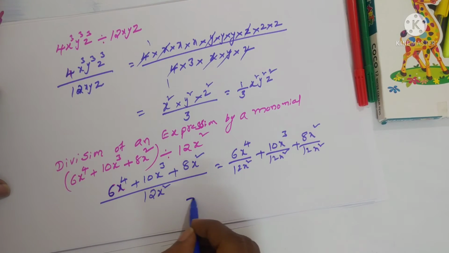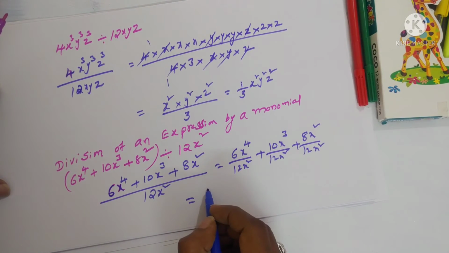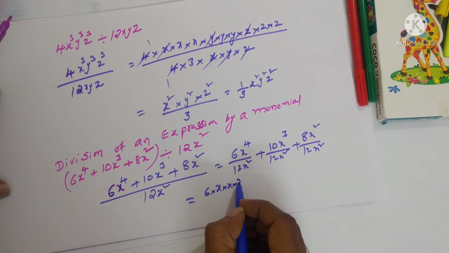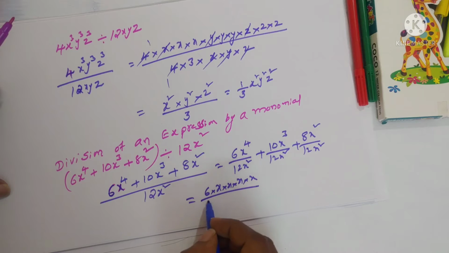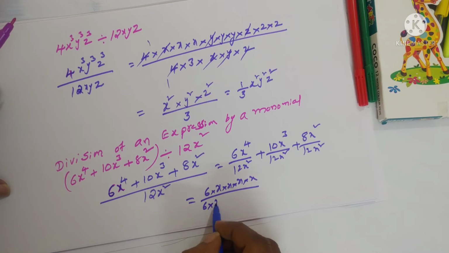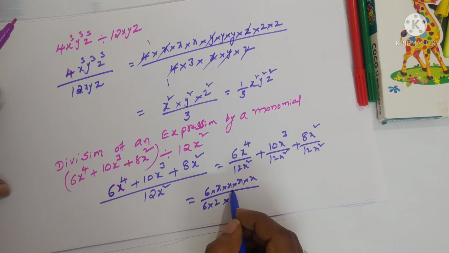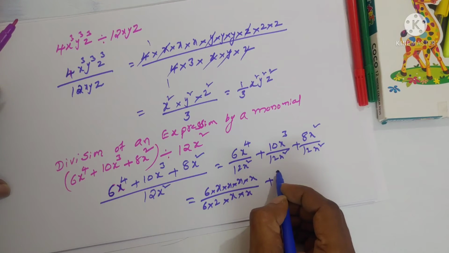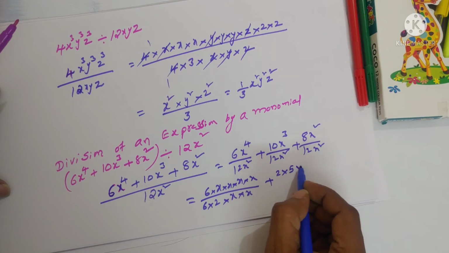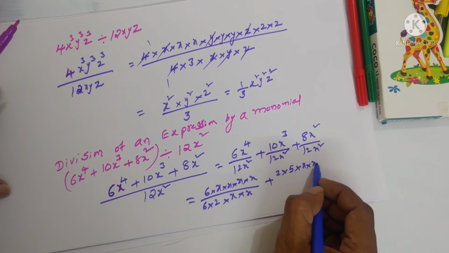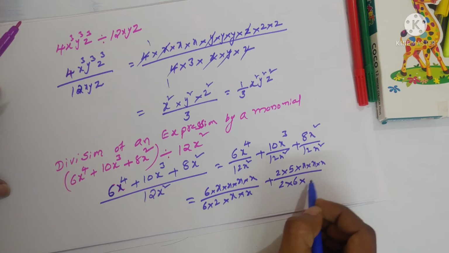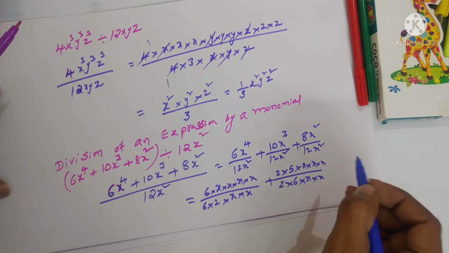Now here, 6 keep as it is, x power 4 is x into x into x into x, and 12 can be written as 2 into 6, because 6 is common here. So x square is x into x. Plus, 10 can be written as 2 into 5, x cube is x into x into x, divided by again 12, 2 into 6, and x square is x into x.